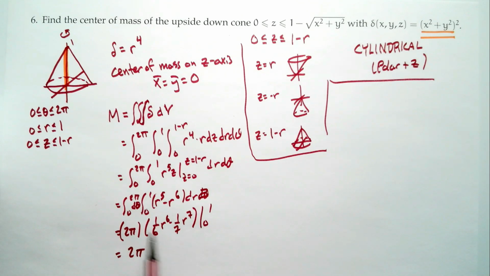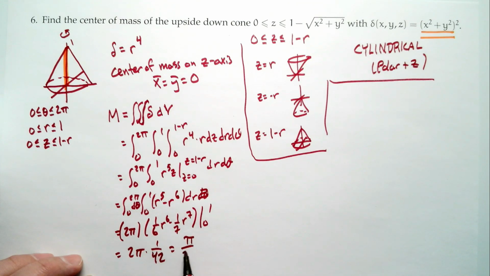And you get a common denominator here would be 42. So you get 7 minus 6 over 42, so that's 2 pi times 1 over 42, or pi over 21. All right, that is not our answer. That's our mass.